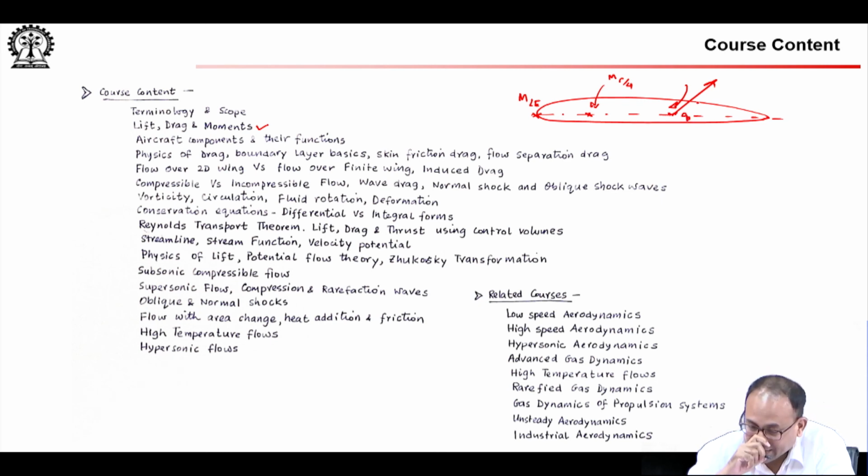Now, why this aerodynamic center is important is that the moment about this aerodynamic center is independent of the angle of attack. Now, this is, I think, very counterintuitive or non-intuitive. So, the moment about the aerodynamic center is actually constant with angle of attack.